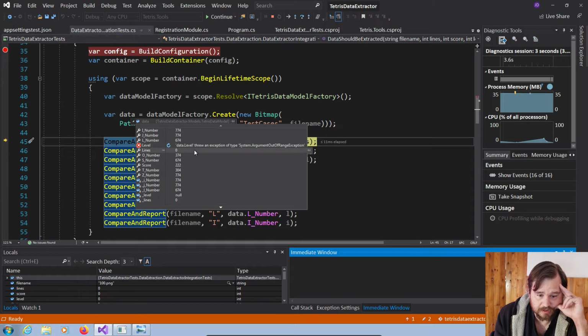Everything is awful. Look at that. 774. Like, we totally borked this. It can't even get the level. It has no idea what to do with that. The line's a 0, that's fine.